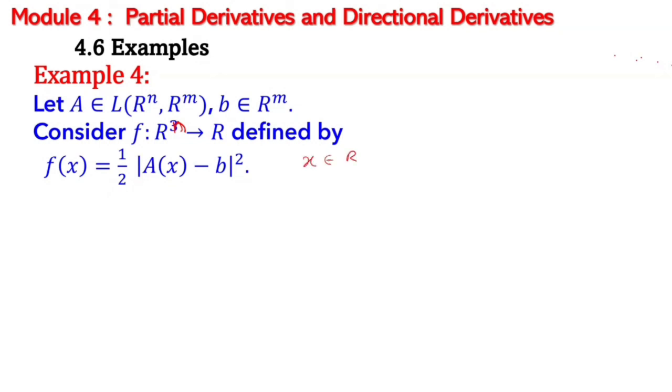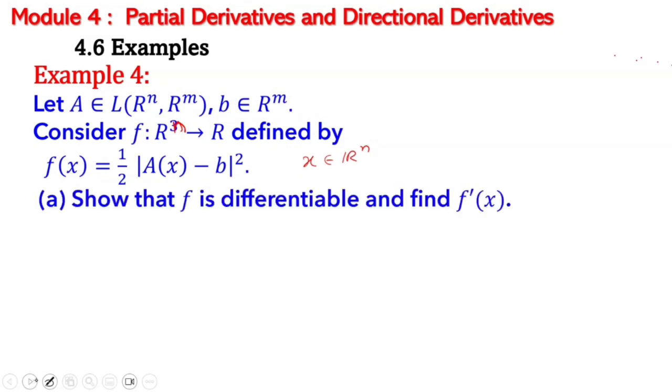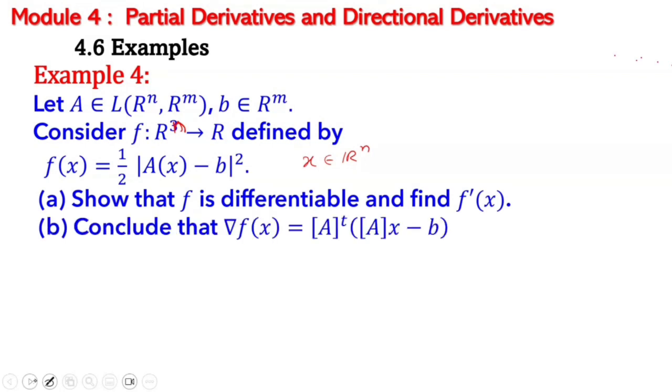Here x belongs to Rn. Now we have to show that f is differentiable and we have to find f'(x). We have to conclude that the gradient of f can be written in the matrix form with A transpose, the transpose of the matrix of the linear function A, times (Ax minus b).